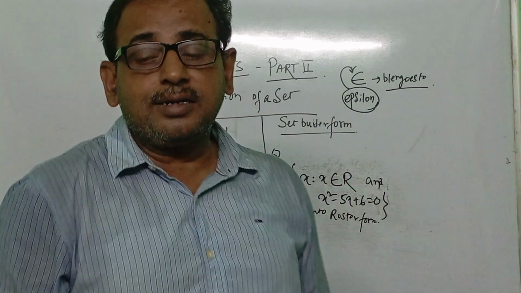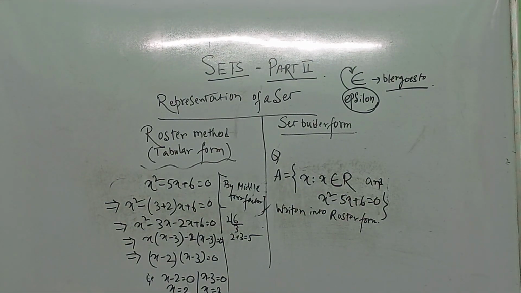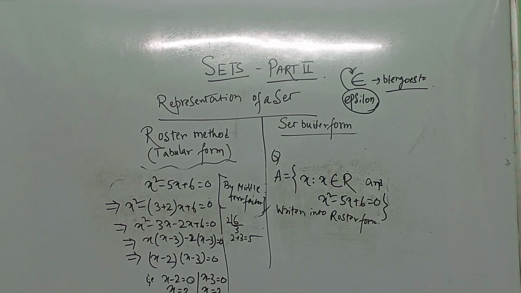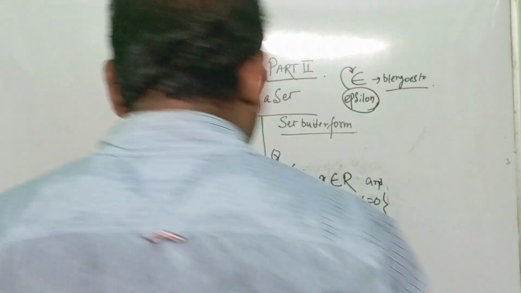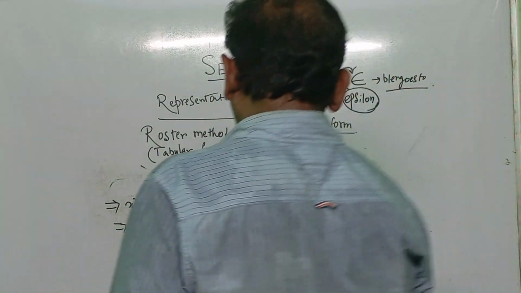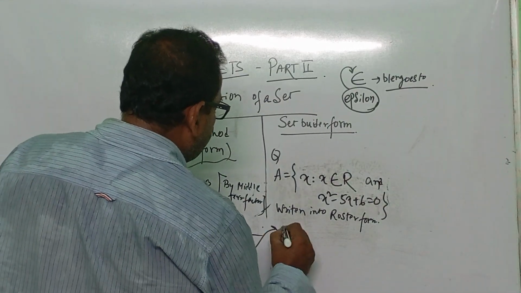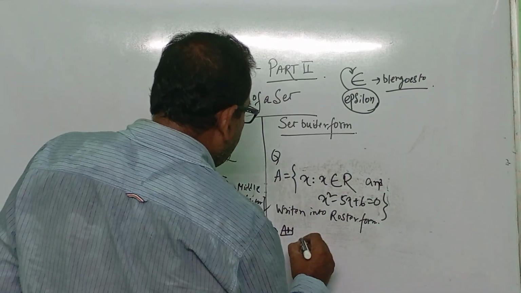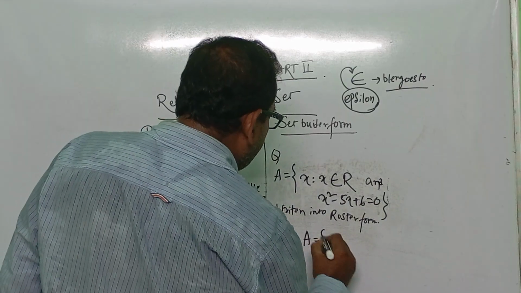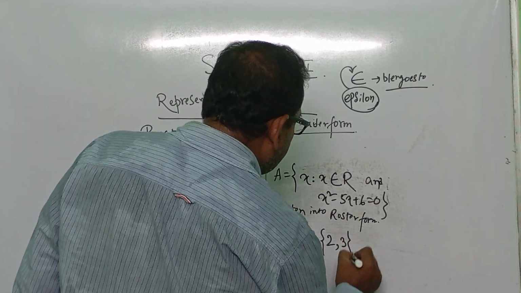So how do we write that set? After doing this, the answer is A is the set 2, 3.